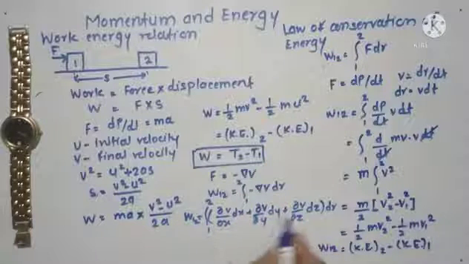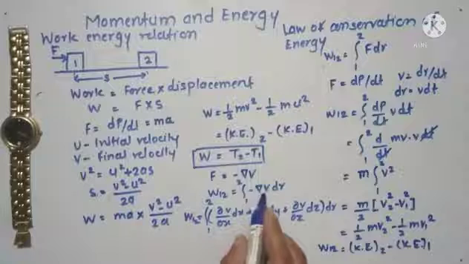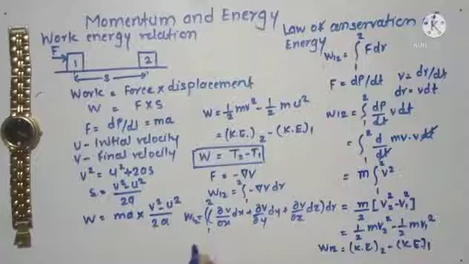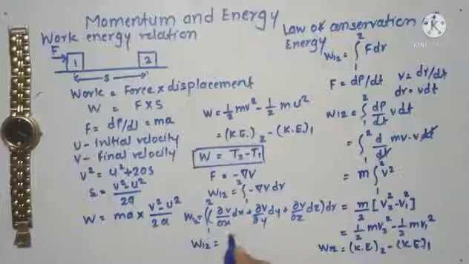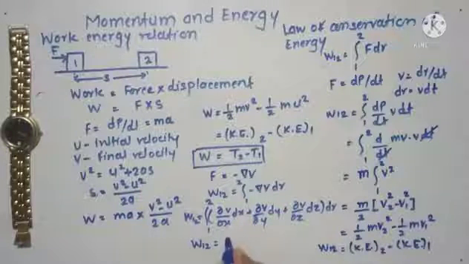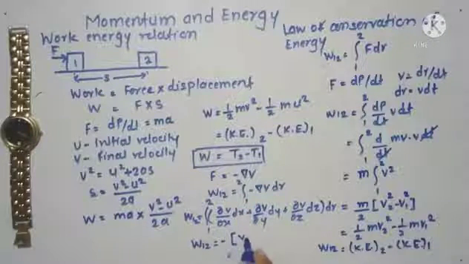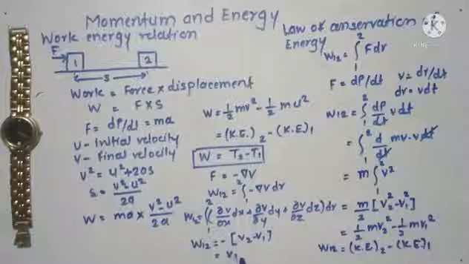And if I take this gradient of the scalar field, W12 will become, if I solve this integration, it will be V2 minus V1 with the negative sign, which is nothing but V1 minus V2.